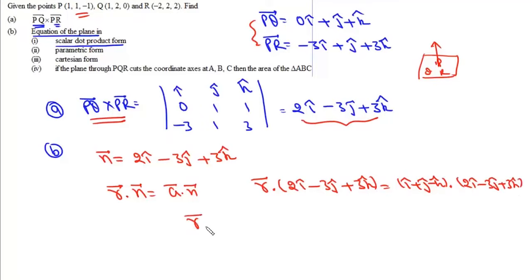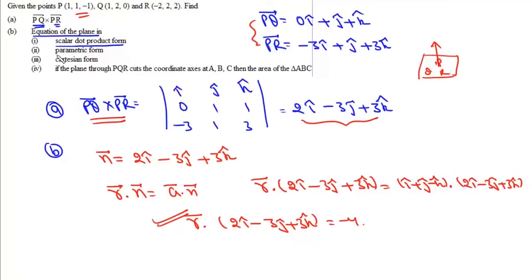So we can write this equation as r dot (2i minus 3j plus 3k) equals 2 minus 3 and minus 3, which is minus 4. So this is the equation of the plane in scalar dot product form.